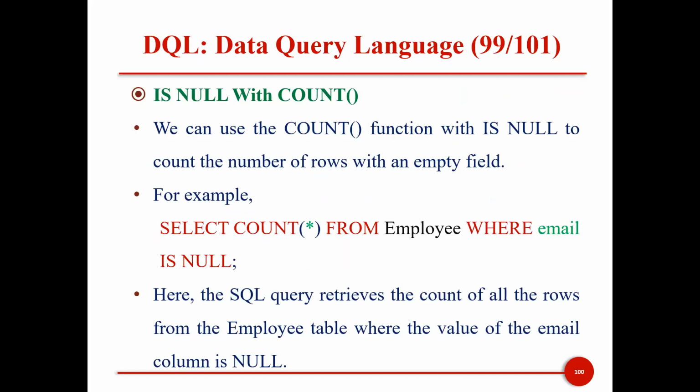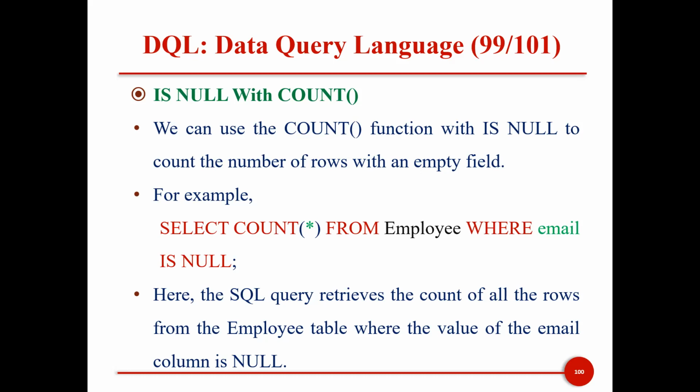Then IS NULL with COUNT. You can also use IS NULL with COUNT. If you want to count how many people have their email addresses null, or how many people have their email addresses not null, you can use the count. For example, select count all from employee where email address is null. It will count the employees whose email addresses are null.